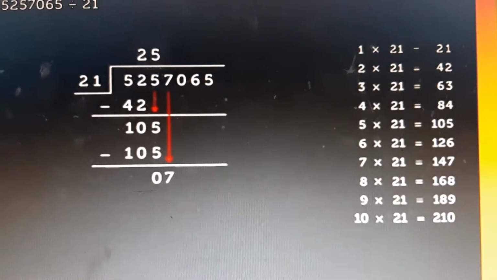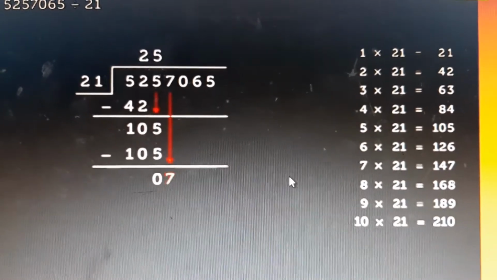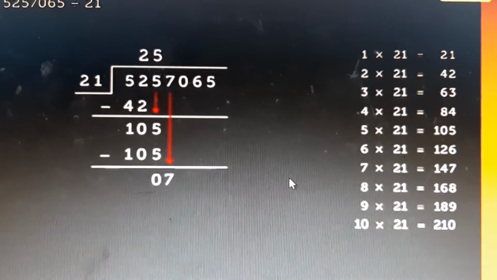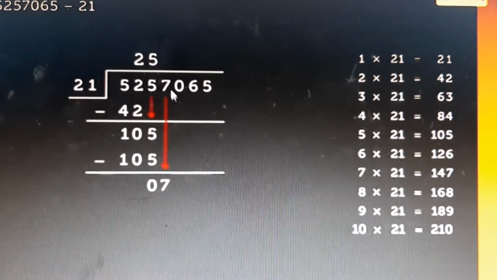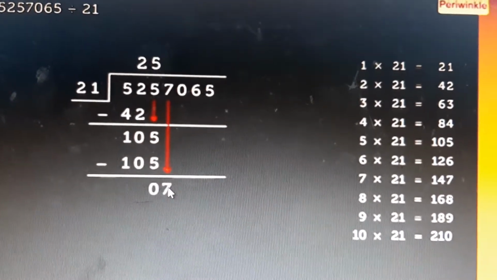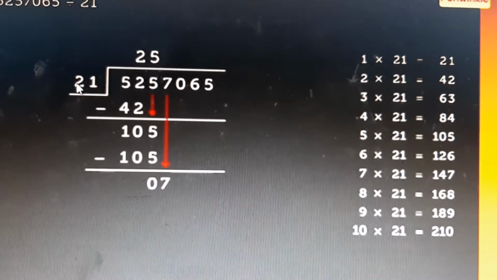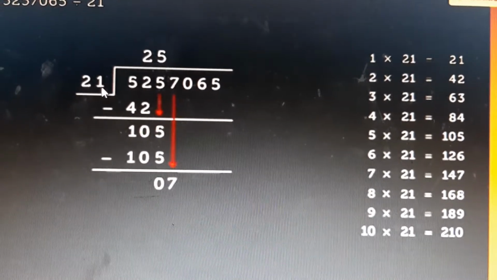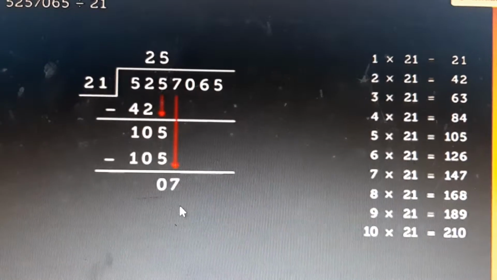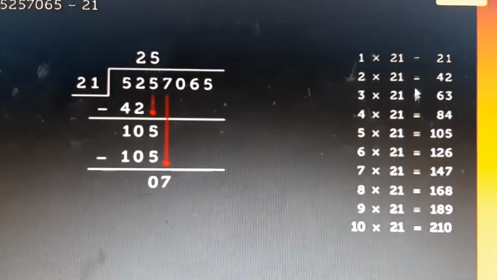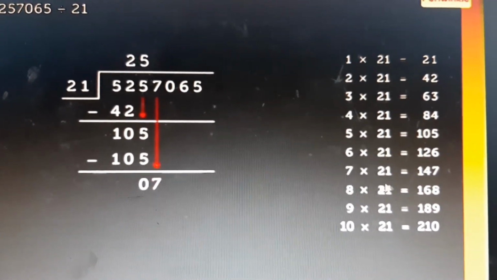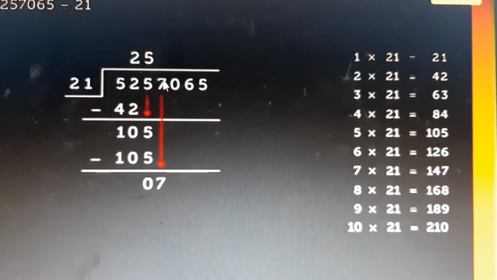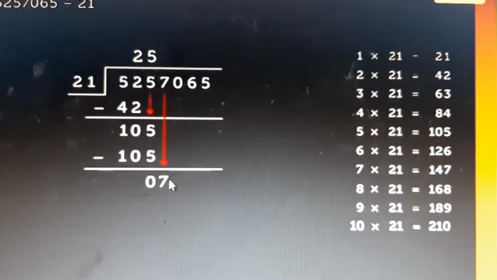Okay. So now here is something to remember: whenever you take down a number and it is less than the divisor, see 21 and 7, 7 is less, so you can't take anything from this table, isn't it? So always remember, when you take down such a number, this is not sufficient.